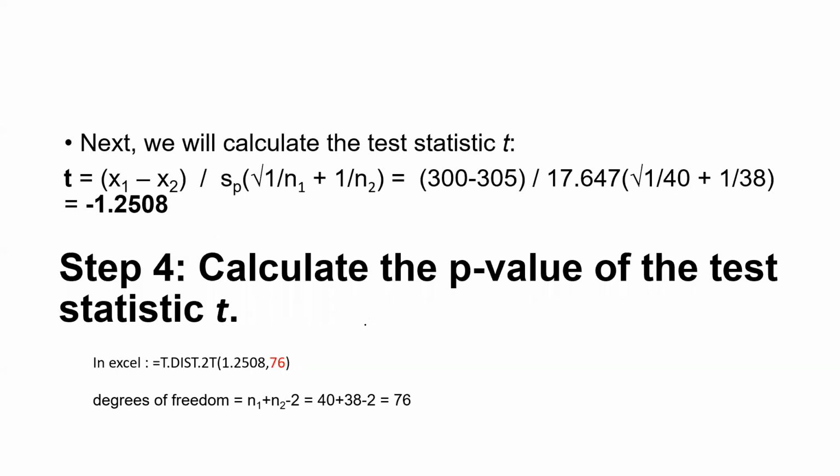Step 4, after I calculate the pooled standard deviation, I need to calculate the t value. So t value is the average of the first sample minus the average of the second sample, divided by the pooled standard deviation multiplied by, so again, the square root of 1 over sample size 1, 40, plus 1 over sample size 2, 38, the square root of all of this.